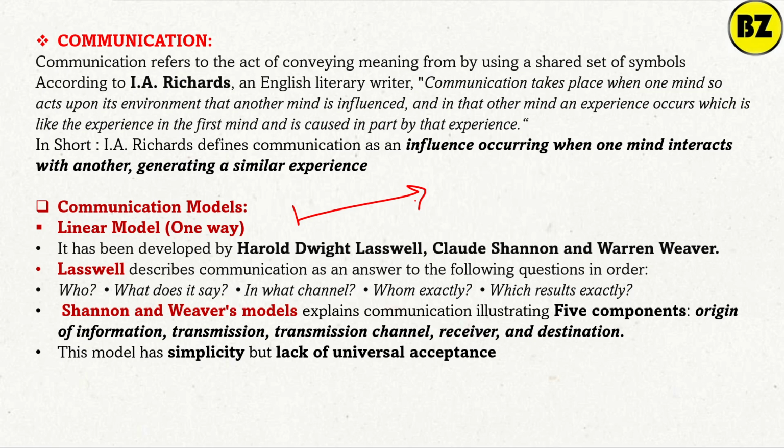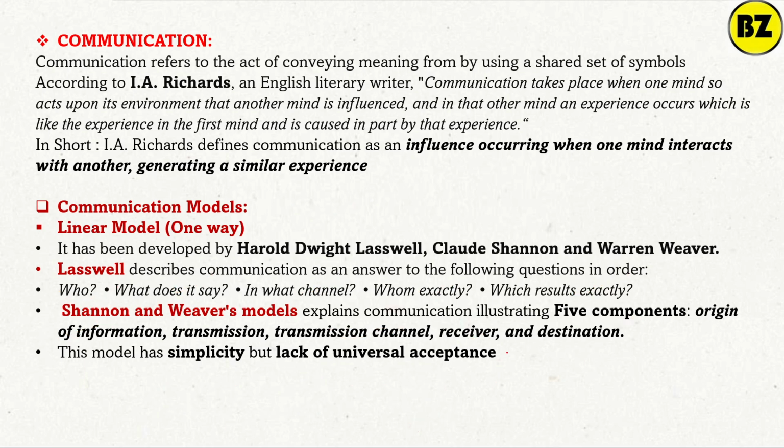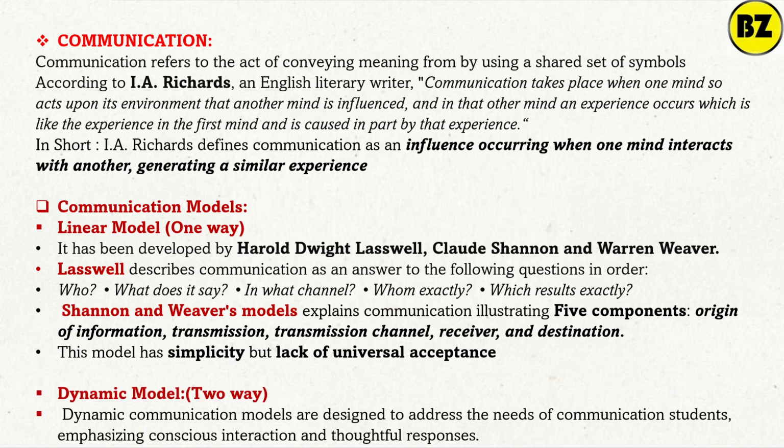If the question is answered: who says what, in what channel, to whom, with what effect, this is communication as per Lasswell. And Shannon and Weaver say that there are 5 components: origin of information, transmission of information, transmission channel used, the receiver and the destination. This model is simple because it is one way communication, but lacks universal acceptance.